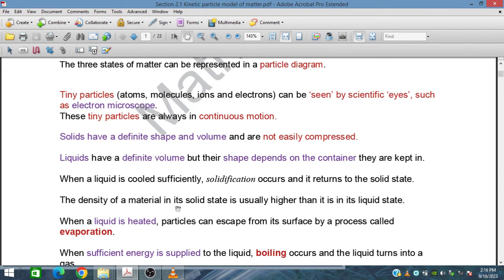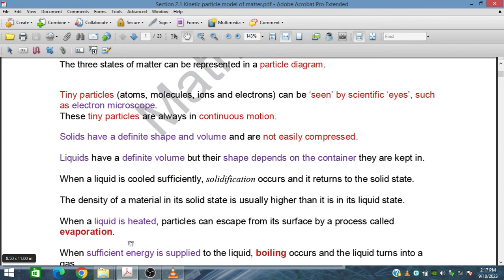When a liquid is heated, particles can escape from its surface at different temperatures by a process called evaporation. On gradual heating, the surface particles escape from the surface.